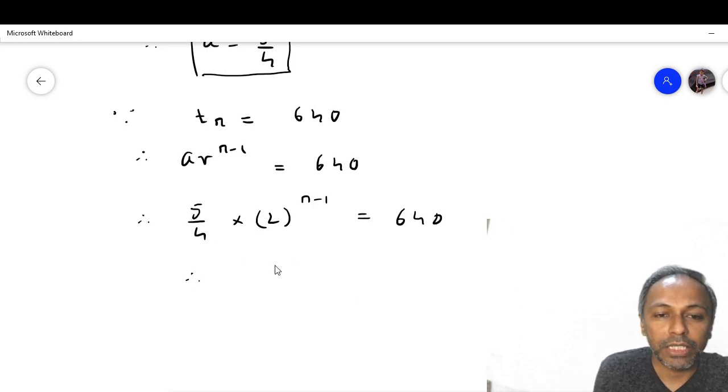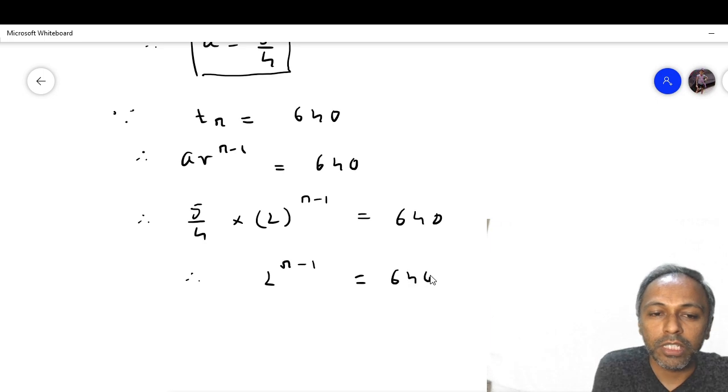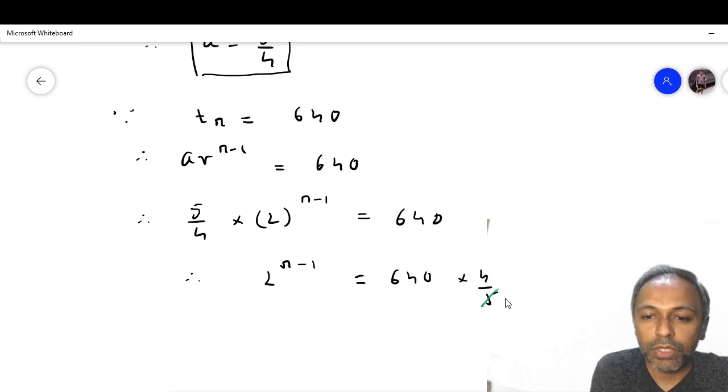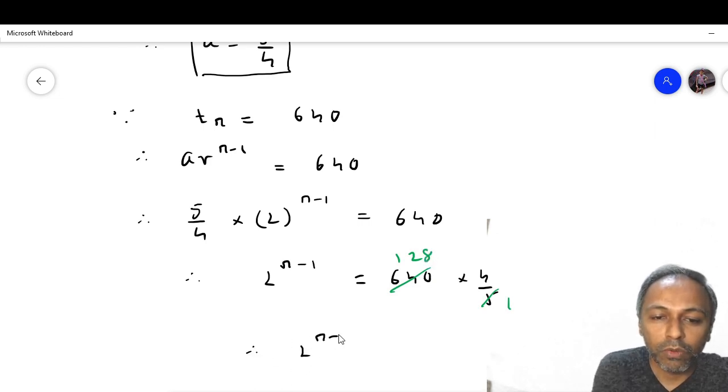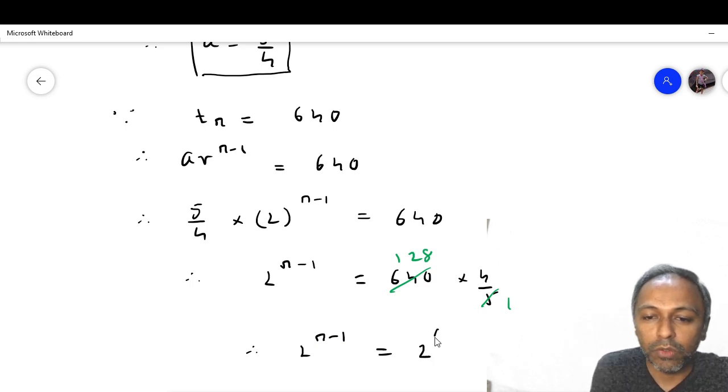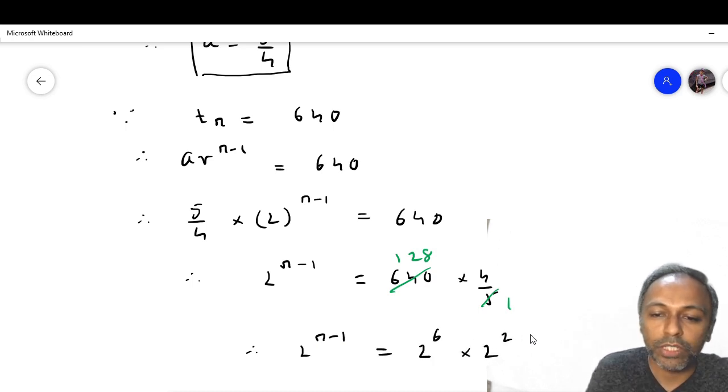This looks manageable. 2 raised to N minus 1 is equal to 640 into 4 upon 5. You can reduce this. 5 ones are 5, 5 into 128 is 640, and 128 into 4 is 512... this gives you therefore 2 raised to N minus 1 is equal to 2 raised to 6 into 2 raised to 2.